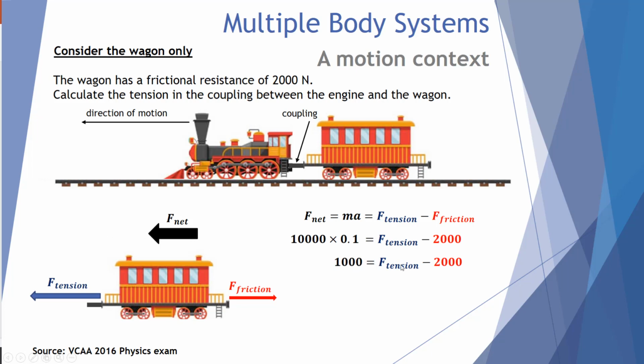And it's the result of your tension take away your friction, which means the tension must be 1,000 newtons greater than the friction of 2,000. So in total, the force of the tension must be 3,000 newtons to the left. When I oppose that and take away the 2,000, that gives me a net force of 1,000 to the left.